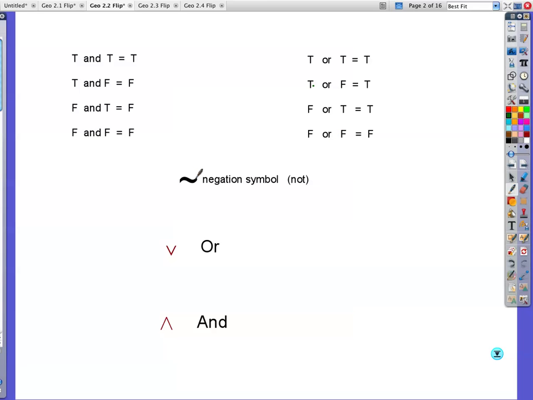You need to recognize when you see this symbol right here, that's the negation symbol. Basically, every time you see it, you're going to say not. Okay? So you would say not P or not Q. This is a symbol for the or. So I could have written all of these statements with the symbols instead, but we're going to leave that there.